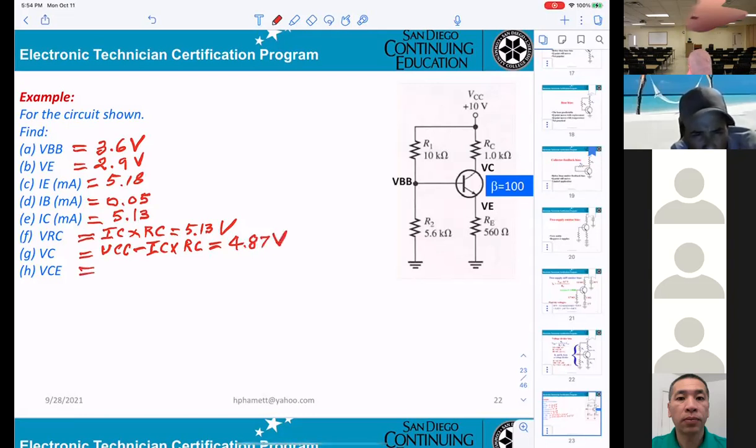VCE. VC minus VE. VC is 5.13 minus 2.9. Is it 5.01?